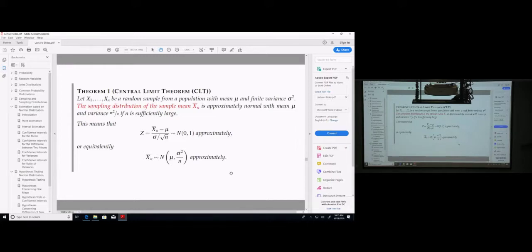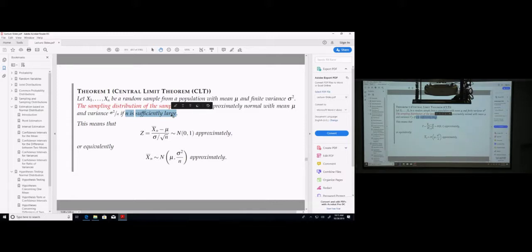So this is when n is sufficiently large. Of course, the question is how large is large. No one actually has a rule of thumb for many other distributions, because when you have a rule of thumb for something very general, there is a trade-off.